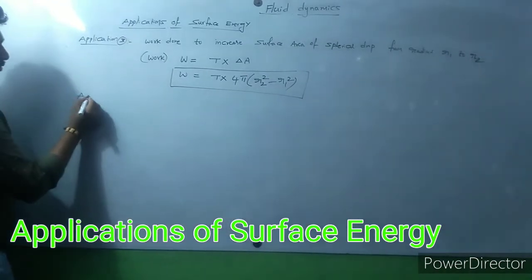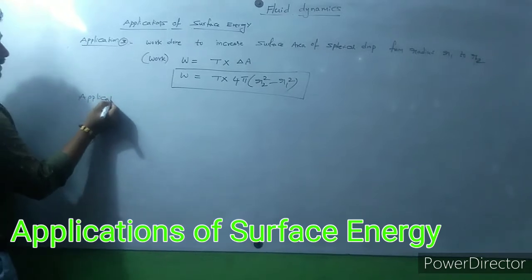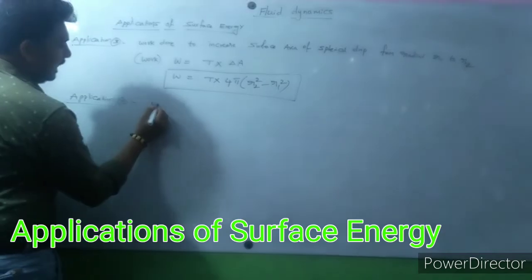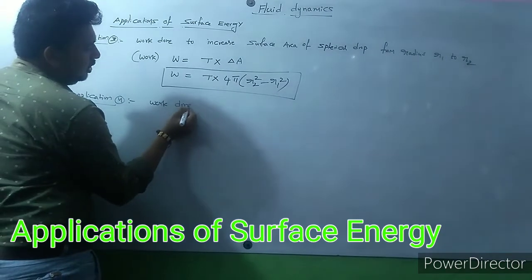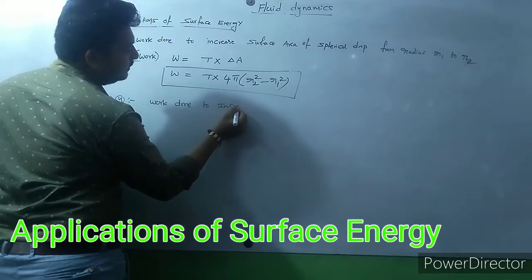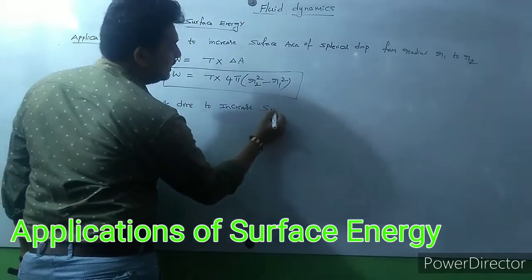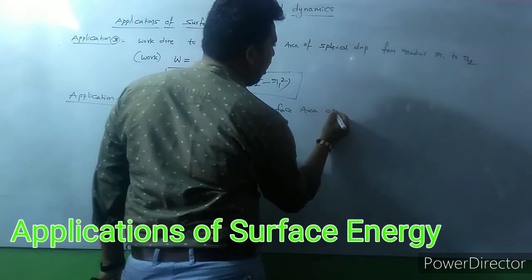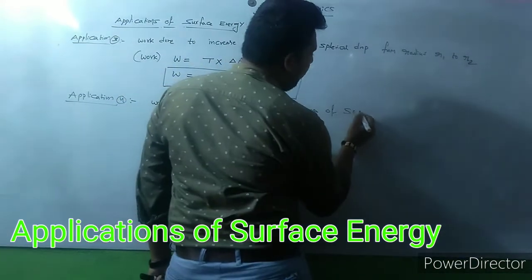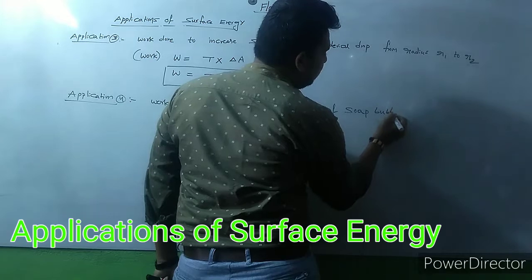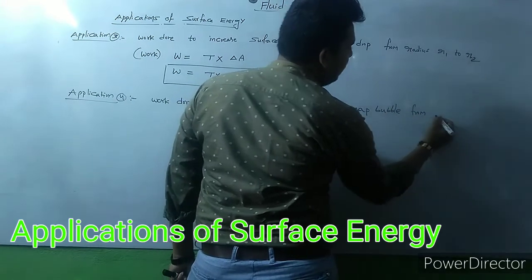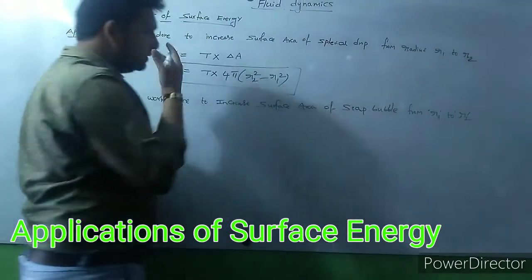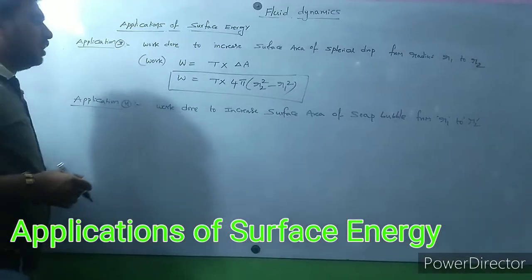Now application number 4. Work done to increase the surface area of a soap bubble from R1 to R2. Now it increases from R1 to R2.